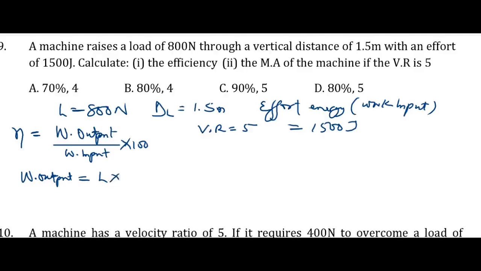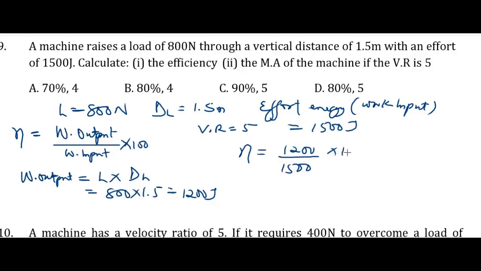Work output will be load times distance moved by load, and that will be 800 multiplied by 1.5. That is 1,200 joule. Therefore, efficiency is 1,200 over 1500 multiplied by 100, and this will give us 80%. So the efficiency of this machine is 80%.